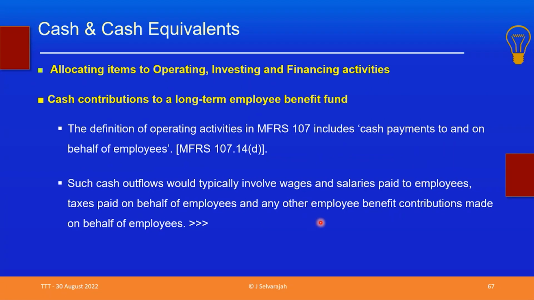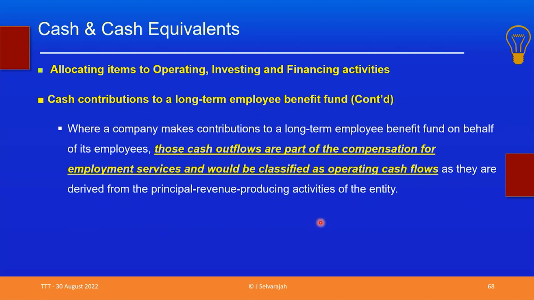And any other employee benefit or contribution is for the employee. Now, where the company makes a contribution to a long-term employee benefit, all the others are operating. Where you're making it on behalf of the employee to a retirement benefit fund, those cash flows are part of the compensation for employment and will therefore be an operating cash flow.